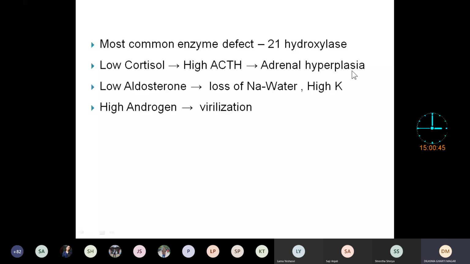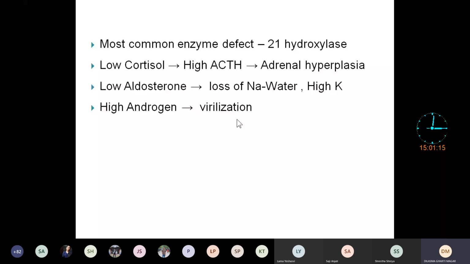Whenever aldosterone is low, it is the mineralocorticoid, that's why there is the loss of the sodium and then the water, and then the high potassium will be there. So whenever there is the high androgen level, it will lead to the virilization. Virilization, I already told you, is whenever the female has more male sex hormones, it will lead to the male characteristics in a female.